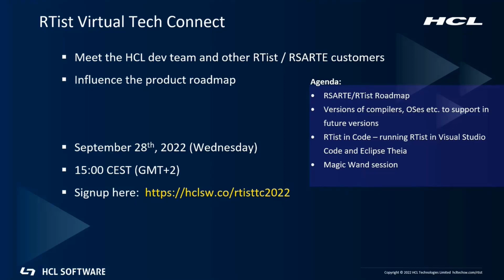For now, we are focusing on Visual Studio Code and Eclipse Theia. And then there will also be something we call a Magic Wand session. So it's basically giving you the opportunity to have a magic wand. What would you do with the product in that case? So if you didn't sign up, please consider if you can.